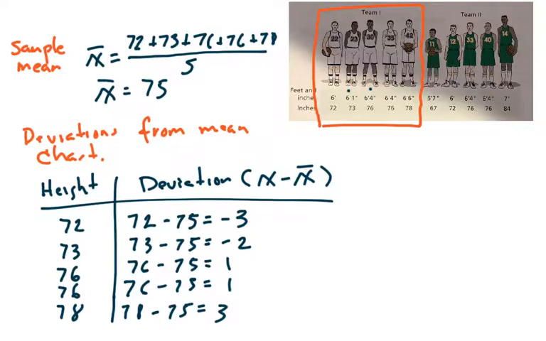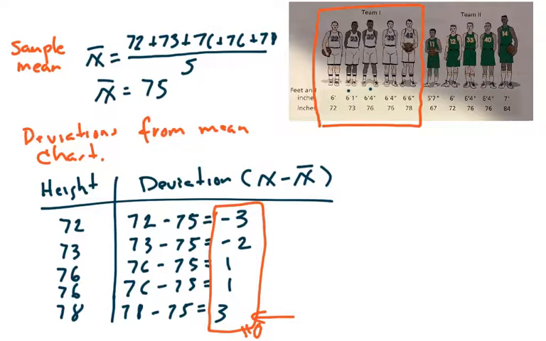Okay, so these values, if you did your calculation right, if you add them all up, they're going to equal 0, okay? So that's a little helpful trick to make sure you did your math right. But summing equal to 0 doesn't help us, right?